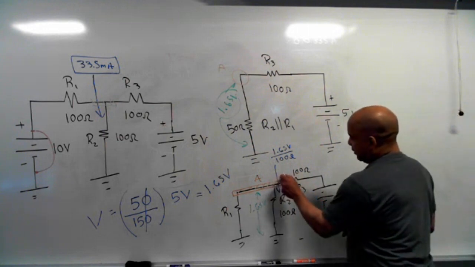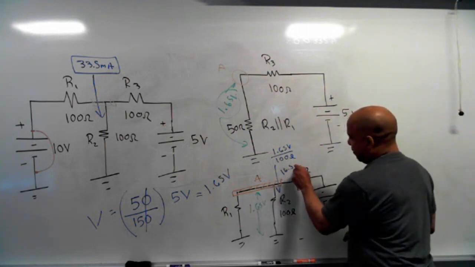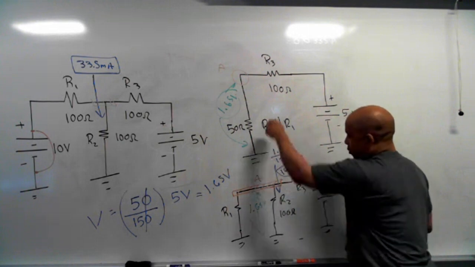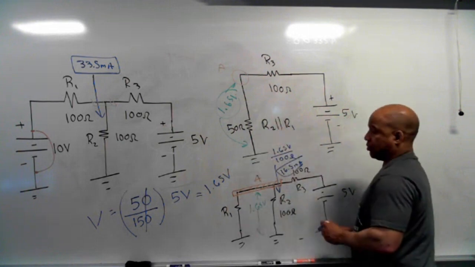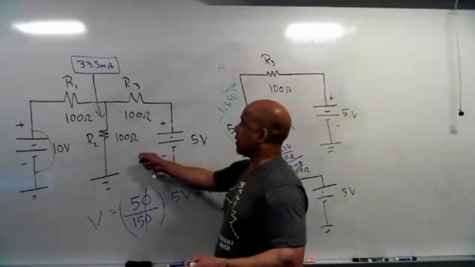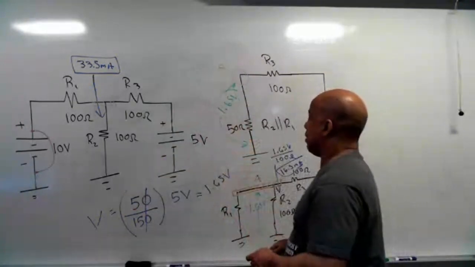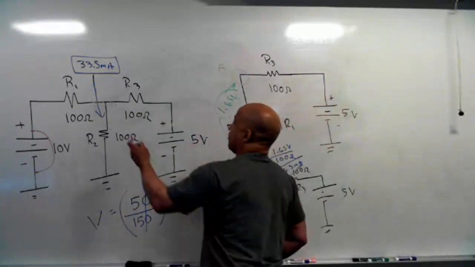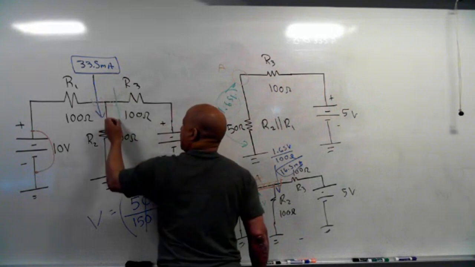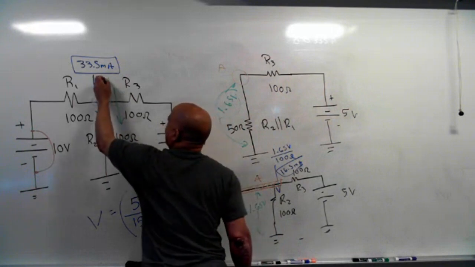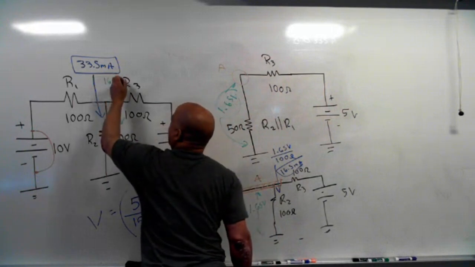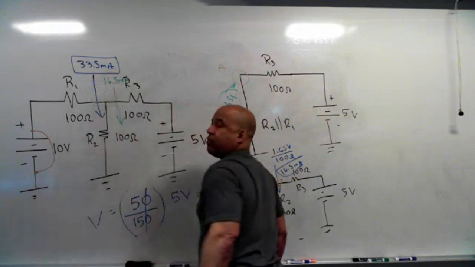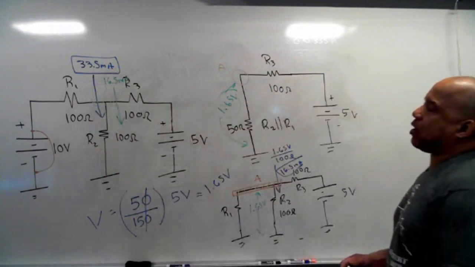So this gives me 16.5 milliamps of current going down. So over here in the original circuit, using a different color marker, I'm going to show the current from the 5 volt source as 16.5 milliamps going down.